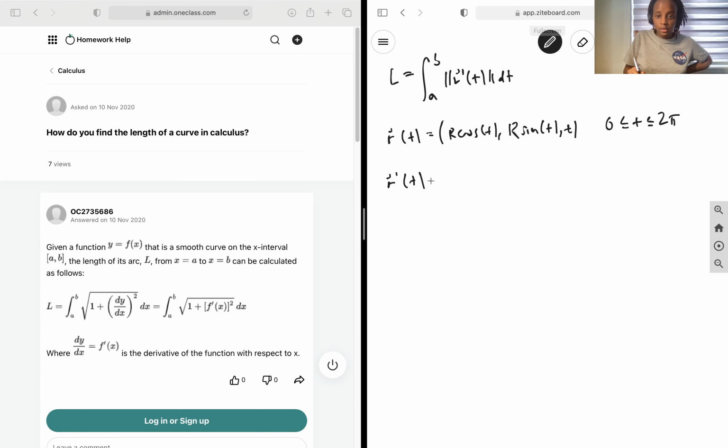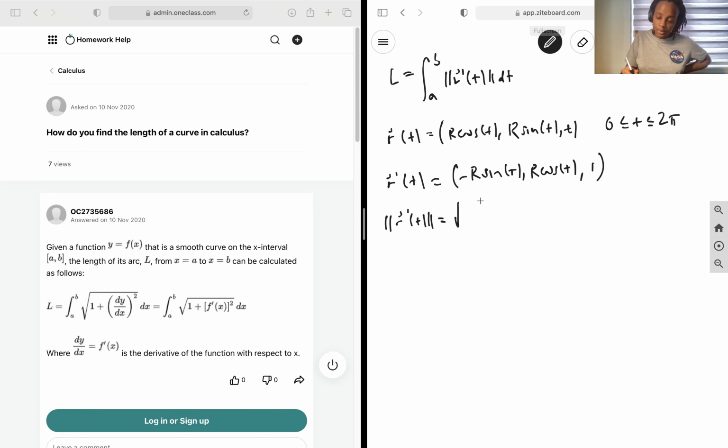So r prime t is equal to, first you take the derivative of r cos t, and that becomes negative r sin t. This becomes r cos t, and this becomes 1. Next, we find the magnitude of it.